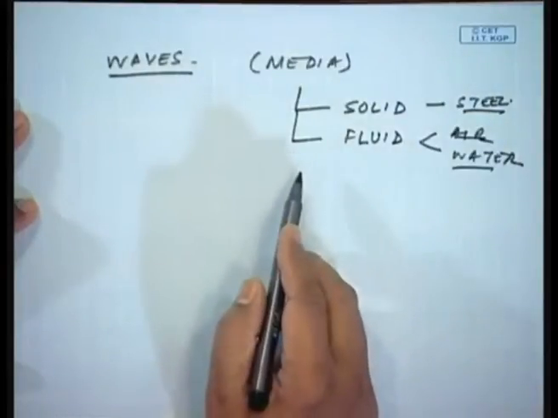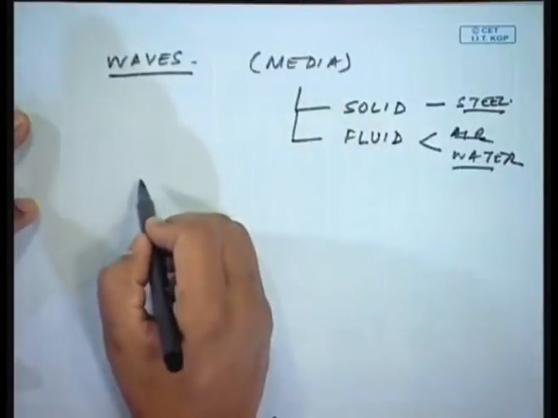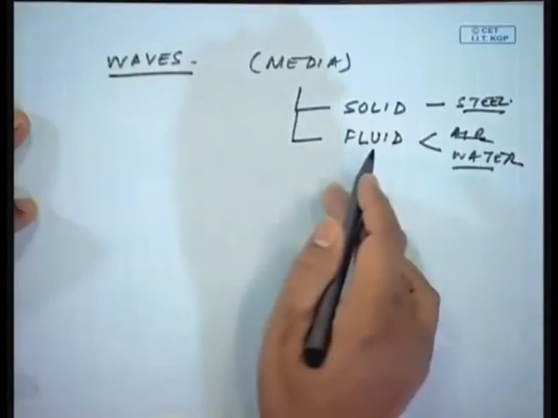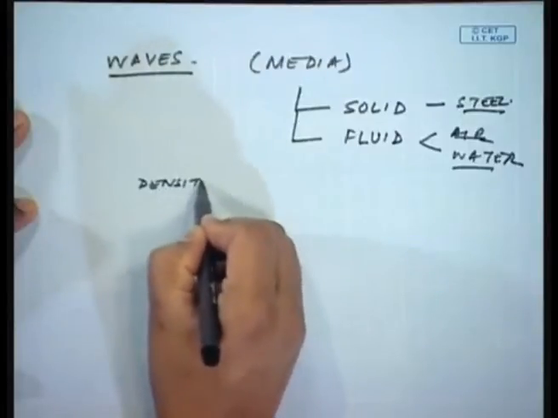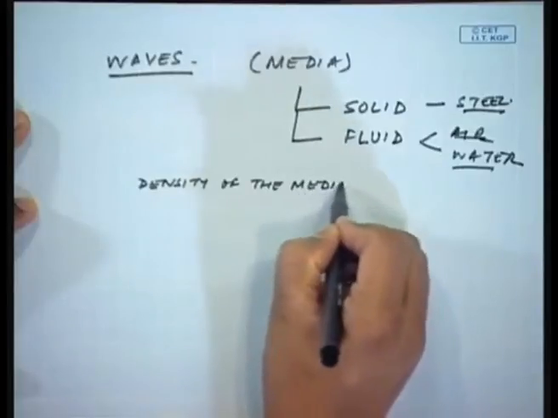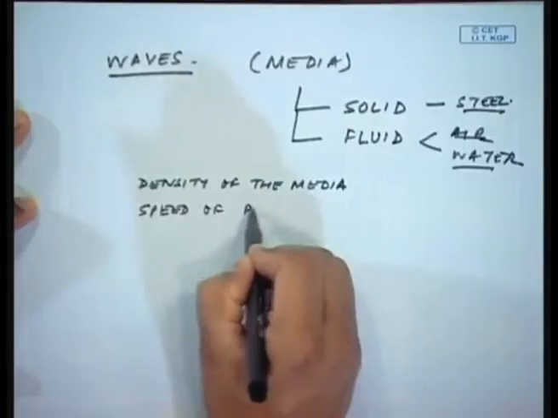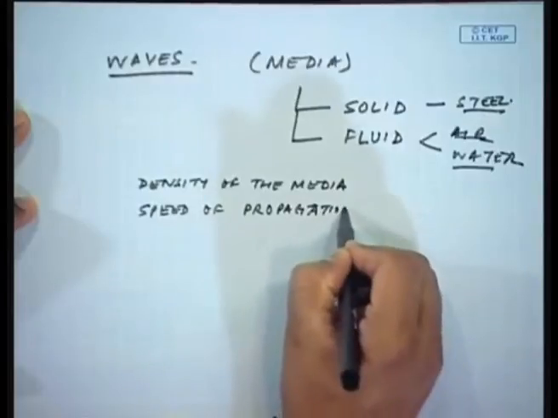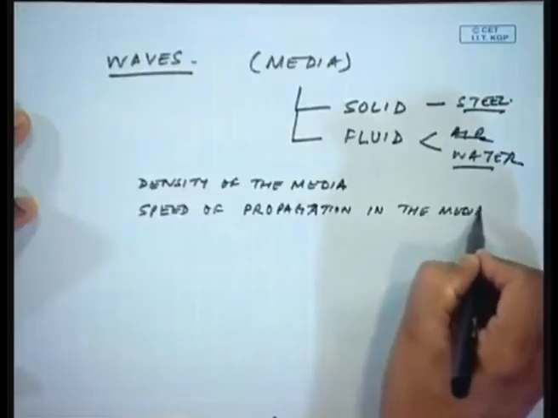So, depending on the media, depending on the density of the media, there are two parameters which come into play in the propagation of this energy in terms of waves from a source to a receiver: the density of the media and speed of propagation in the media play an important role.